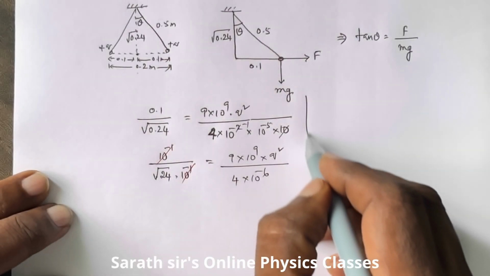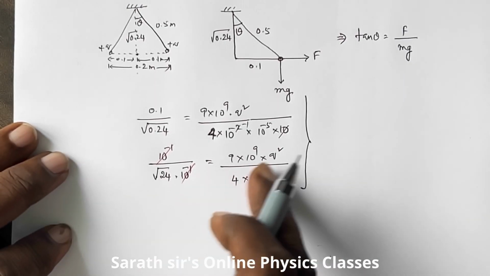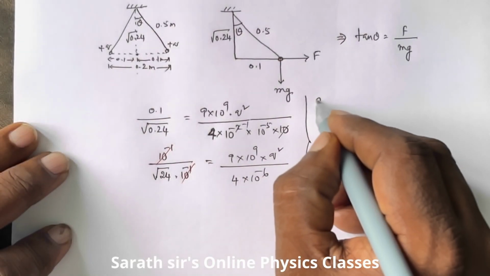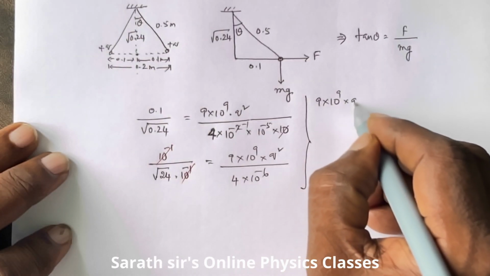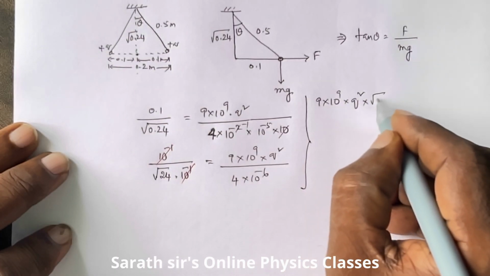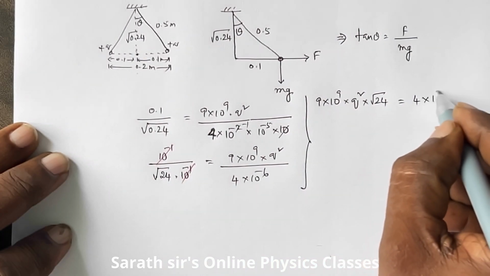So finally, by cross multiplying, 9 into 10 to the power of 9 into q square into root 24 is equal to 4 into 10 power minus 6.